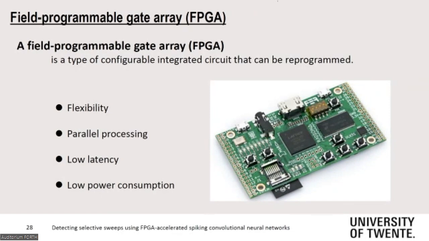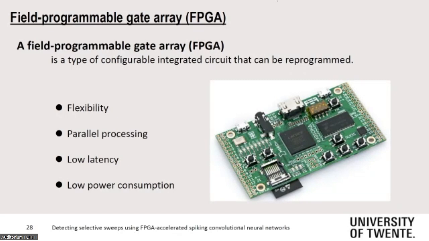I will briefly introduce the FPGA, because we finally deployed our neural network on the FPGA. A field programmable gate array is a kind of configurable integrated system for special computationally intensive tasks. Compared with a general CPU or GPU, it's more flexible.